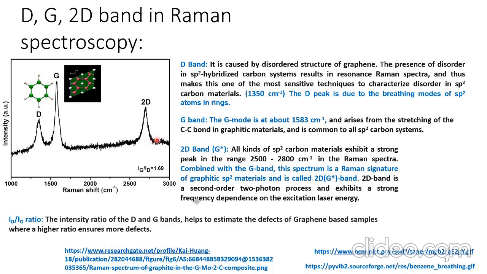Sometimes it is also called G star, and this is the signature of a graphitic to sp2 material. Generally people use the Ig by Id ratio to indicate the defects or graphitic nature, the ratio of defect and graphitic nature in the material.